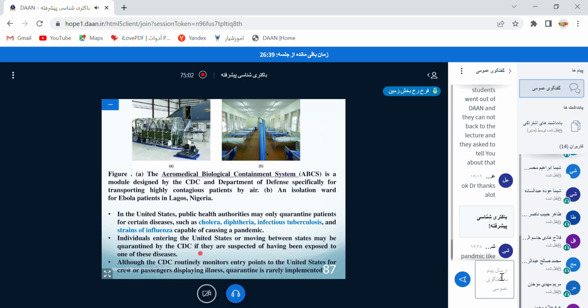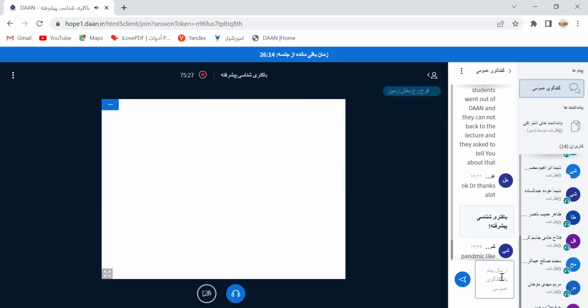Individuals entering the United States or moving between states may be quarantined by the CDC if they are suspected of having been exposed to one of these diseases. Although the CDC routinely monitors entry points of the United States for crew or passengers displaying illness, quarantine is rarely implemented.